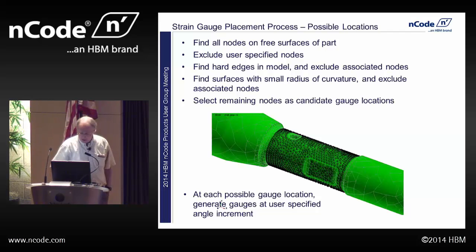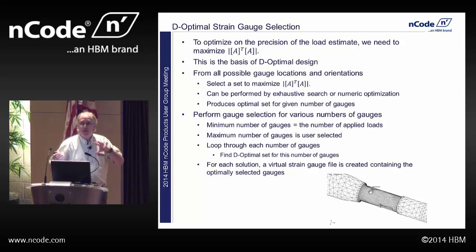With this information, we now have all the information that we would need to start selecting which gauges I should actually use in my transducer design. And to do this, we need to be able to select the gauges. What we're trying to do here is basically minimize the multiplier on the measurements from the strain gauges, the real strain gauges I'm using.